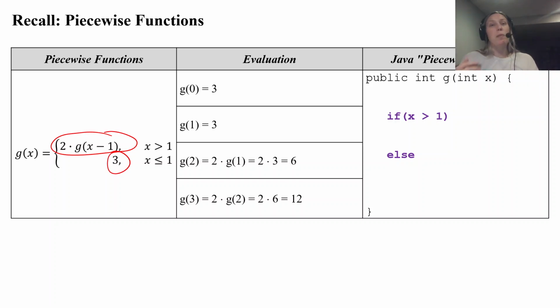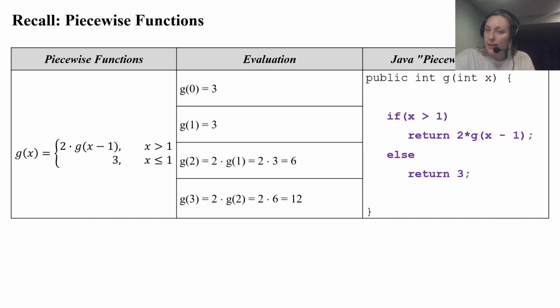Okay? And we want to return it, right? We want to return this. So what do we do? Well, we write it, right? 2 times g of x minus 1. Or we return 3. Okay. Now this right here, this is the new piece. This is the recursive piece because I'm making a method call right here.